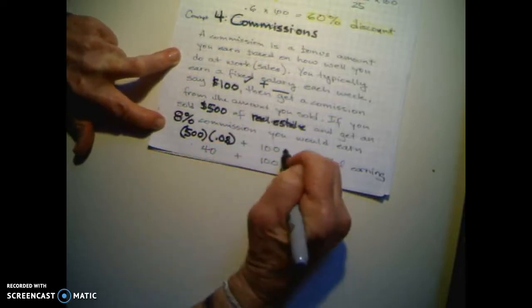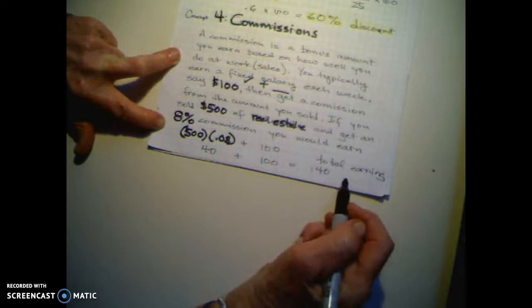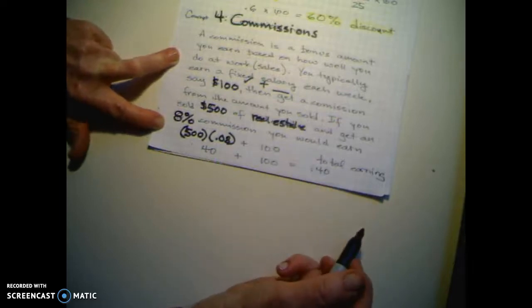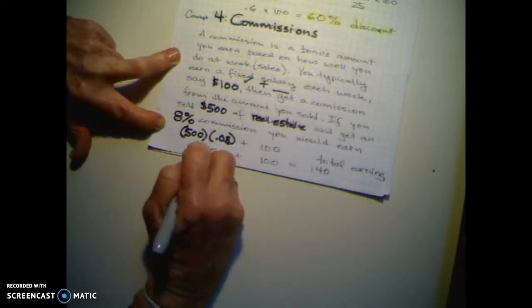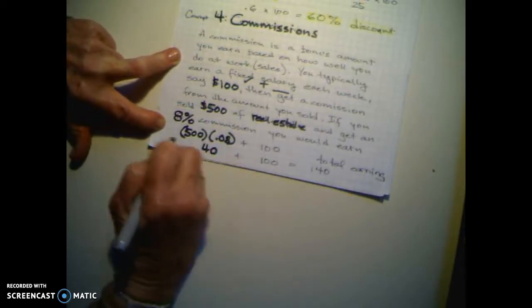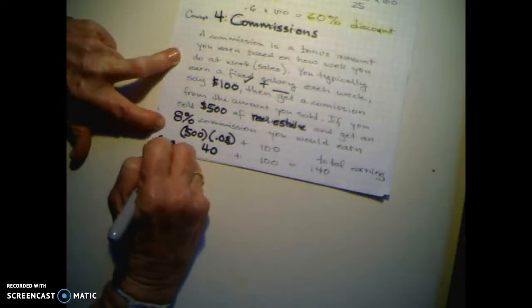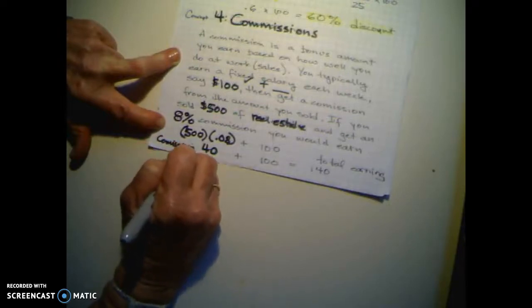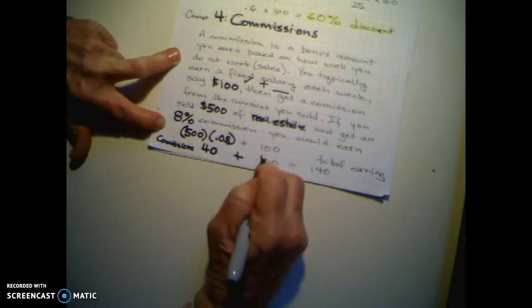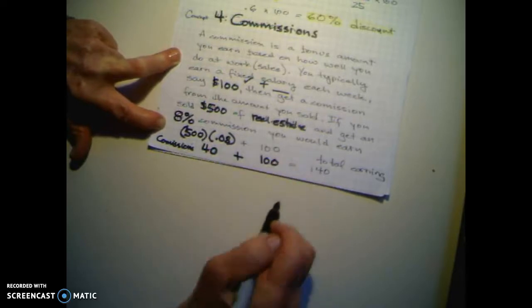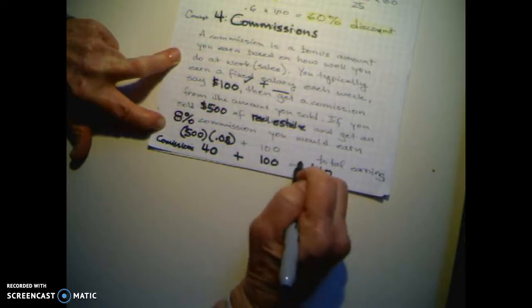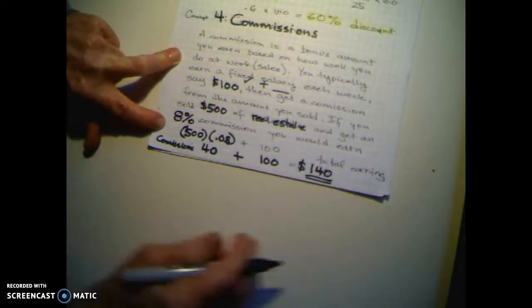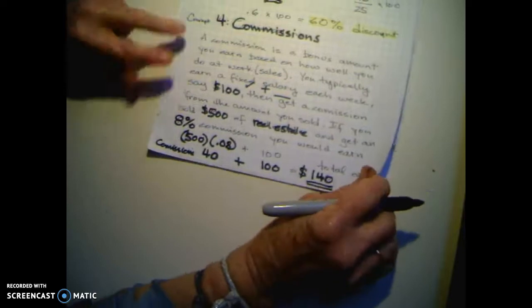And then I add back the weekly amount of 100 because I get that whether or not I sell anything at all. So 500 times 0.08 is 40. So I get $40 in commissions, plus I get my weekly salary of $100. My total income for that particular week was $140. Okay, that's it on commissions. Basically, just another use of percent.